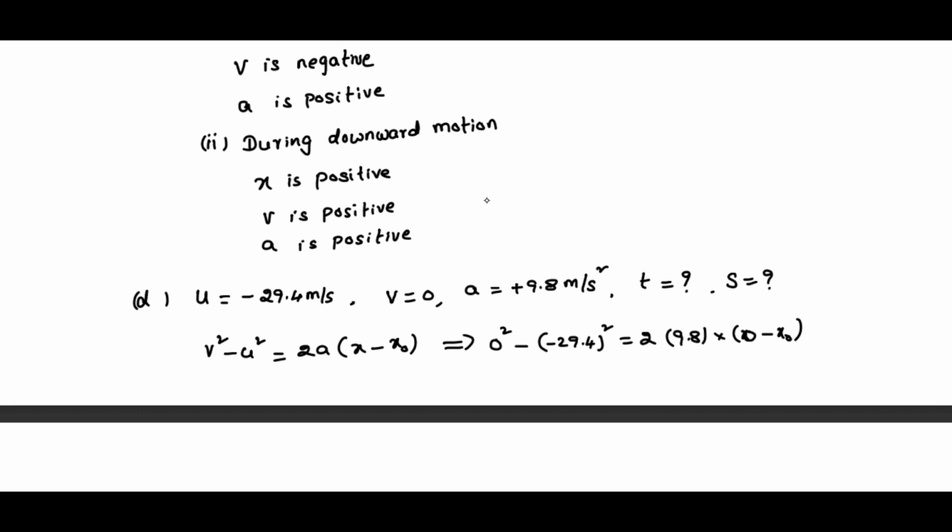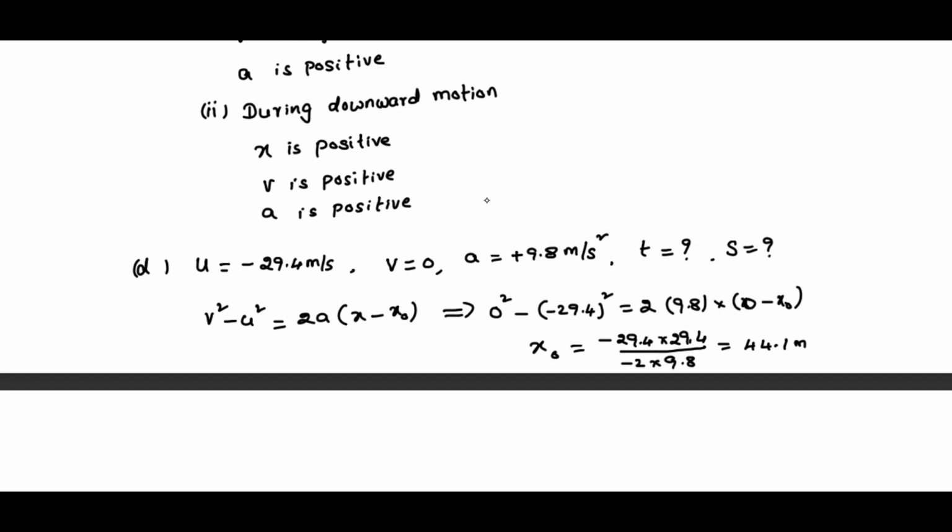From this, x naught is equal to minus 29.4 into 29.4 divided by minus 2 into 9.8. This value is equal to 44.1 meter.